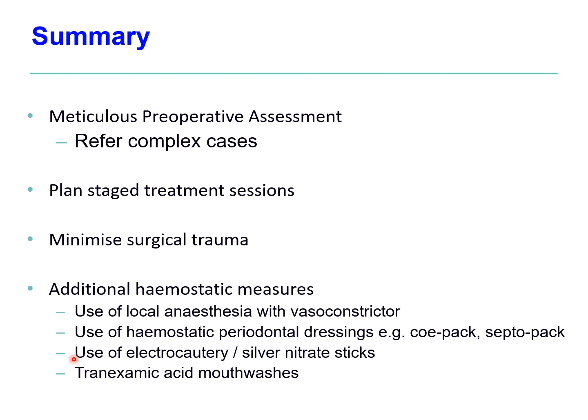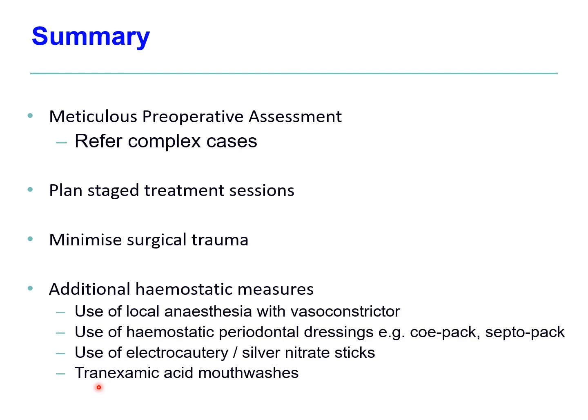And finally, if you're based in a hospital, you may have access to tranexamic acid mouthwashes. As you would know, tranexamic acid is an antifibrinolytic agent. So it basically prevents lysis of a blood clot and stabilizes it.